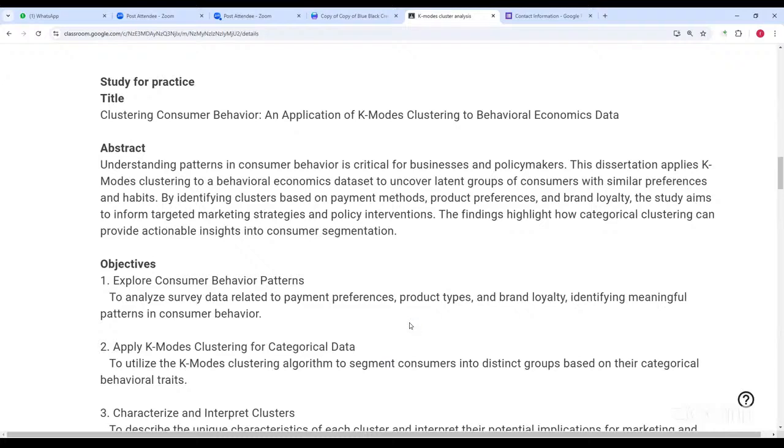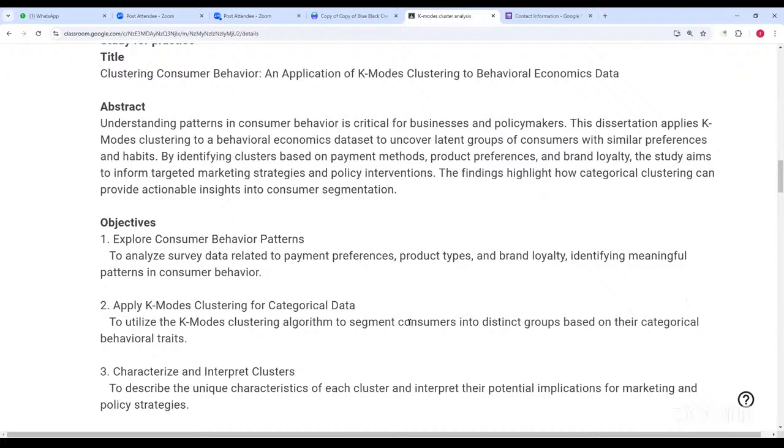By identifying clusters based on payment methods, product preferences, and brand loyalty, the study aims to inform targeted marketing strategies and policy interventions. The findings highlight how categorical clustering can provide actionable insights into consumer segmentation.